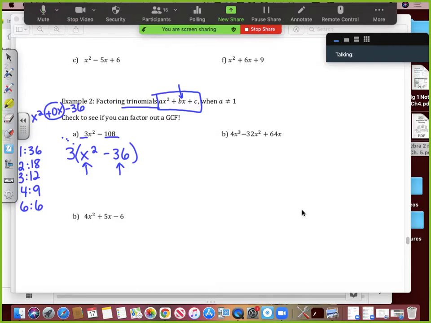So I would have to have one positive and one negative. And those same two factors that multiply to be negative 36 have to also add to be nothing. What two factors would be able to do that? Yep, the 6 and the 6.